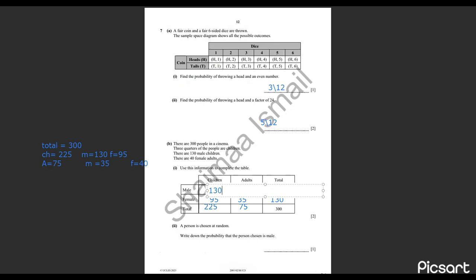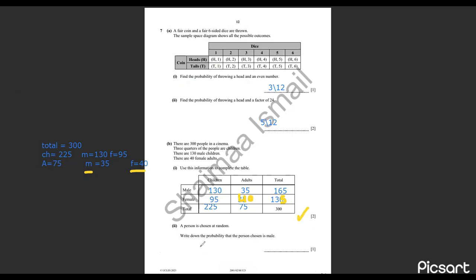The male adults we already calculated: the female adults is 40 and the male is 35, yes. So here we have a total of 135, and here it will be 165, 35 plus 130, 165. So 165, last check, plus 135 will be equal to 300.